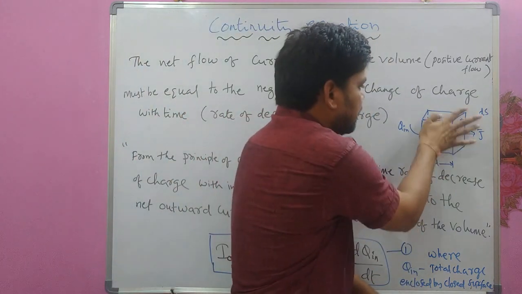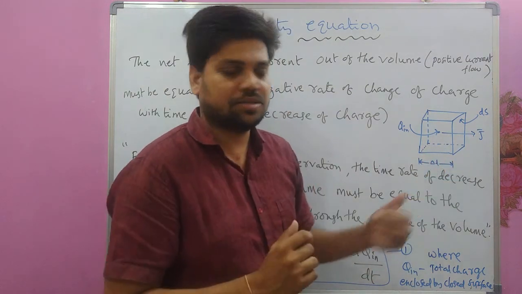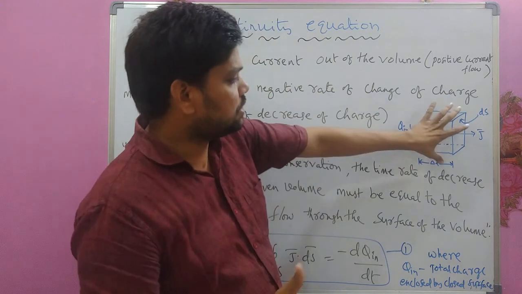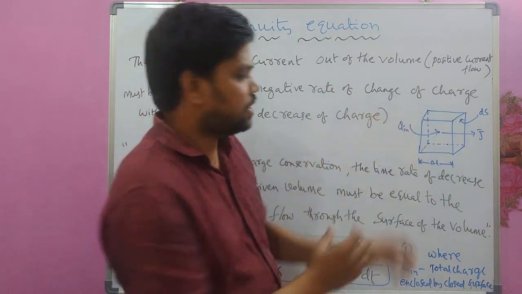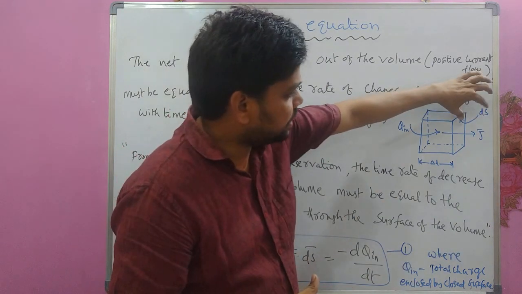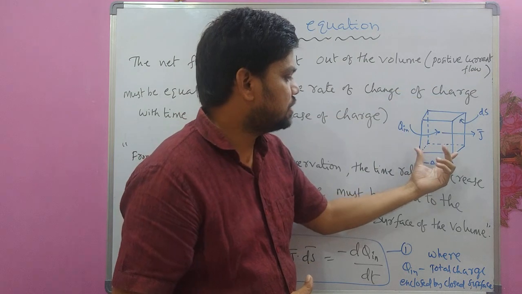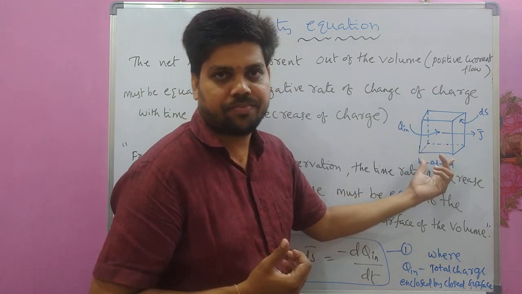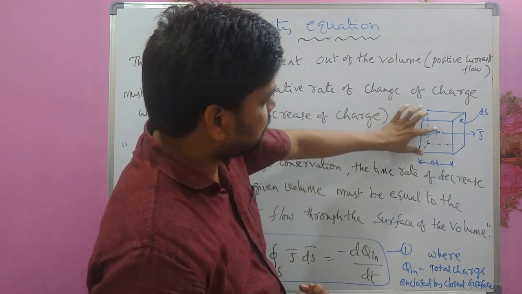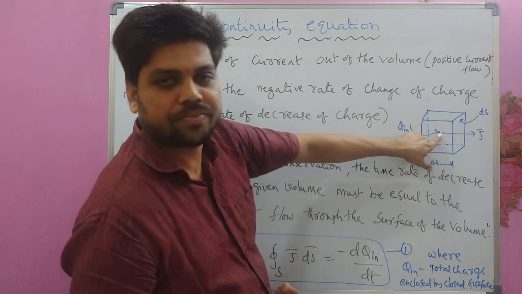So this is area ds, and its length I am considering as some delta L. So delta L into this ds will be the volume of this body. Each face surface can be written as ds, and each side is delta L. So this is Q charge which is enclosed by this body.